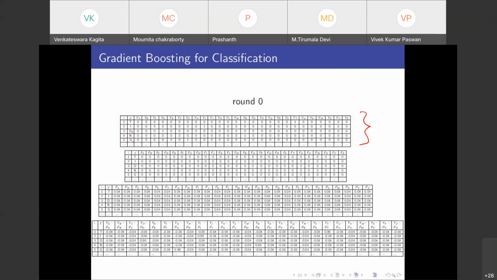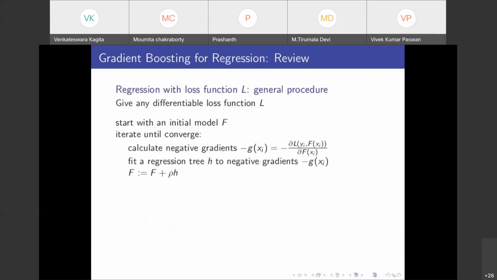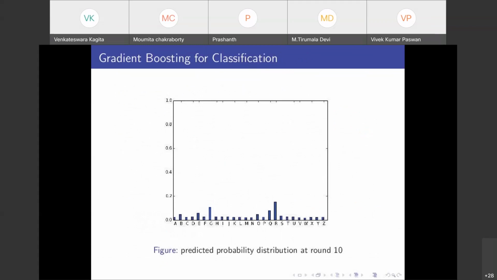Now, once we have the scores, we can compute the probabilities using that formula: e power fc of xi divided by the sum over all classes. C is the class, isn't it? Sorry, if I made you confused, I'll just go to that part.